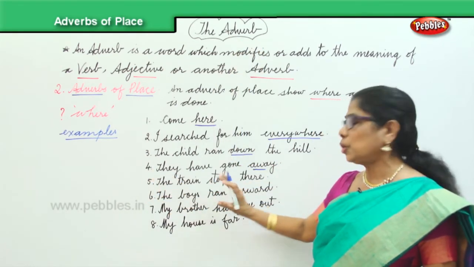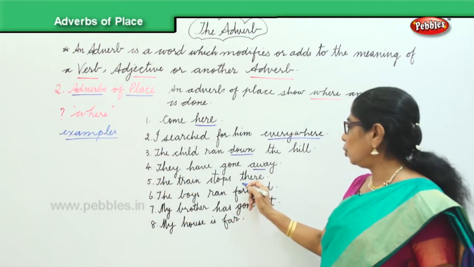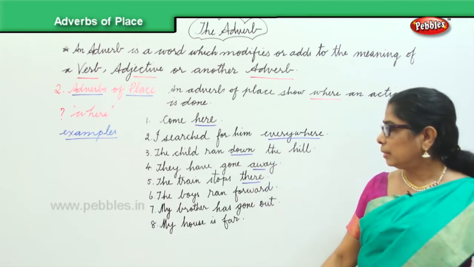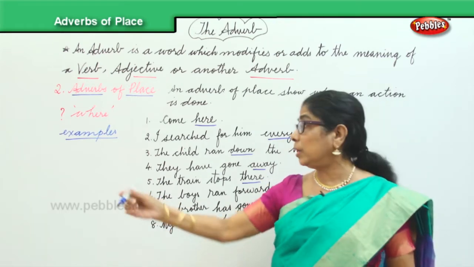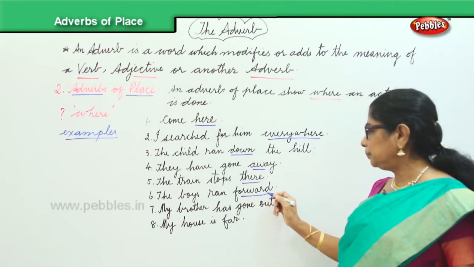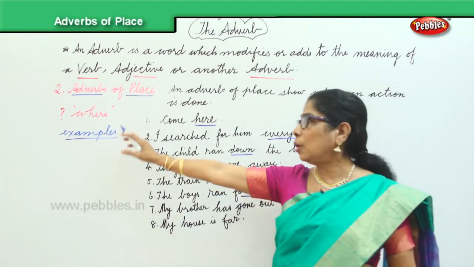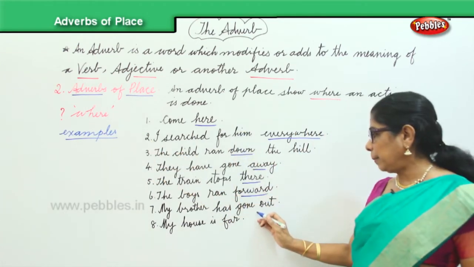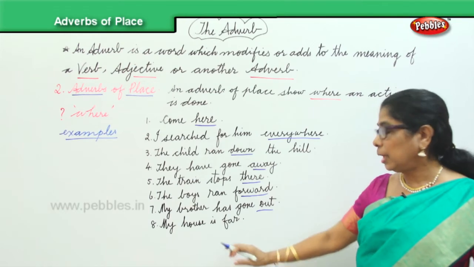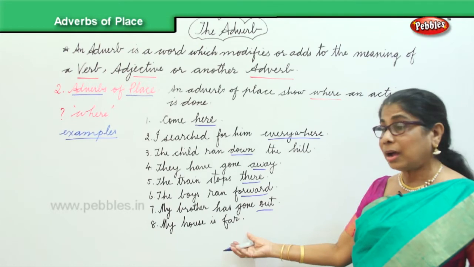The train stops. Where does the train stop? There. Over there. The boys ran forward. Where did they run? Forward. My brother has gone out. Gone where? Out. My house is far.